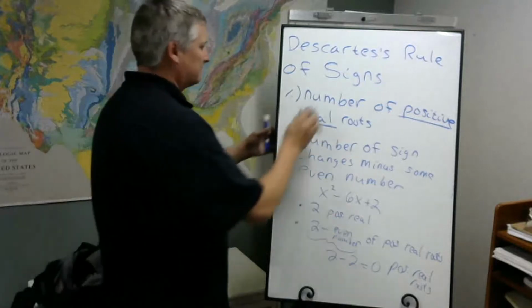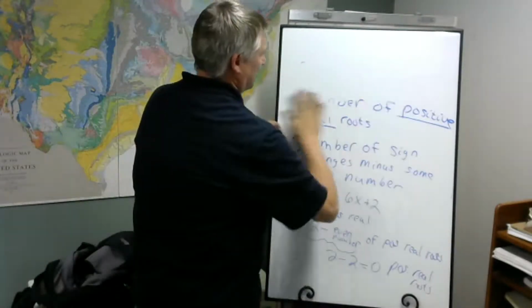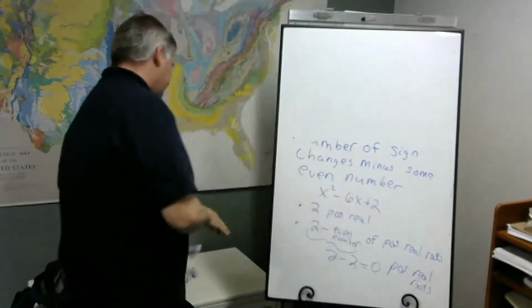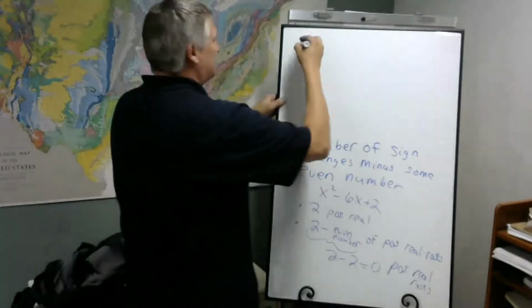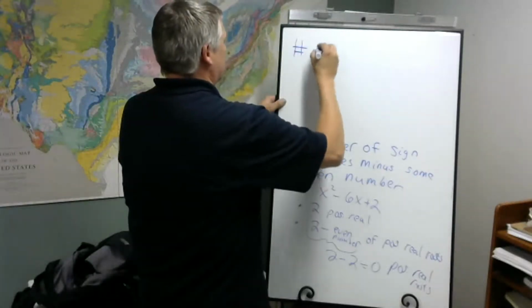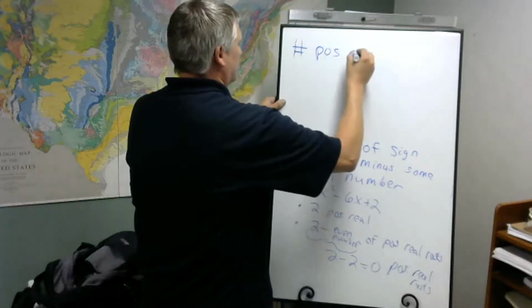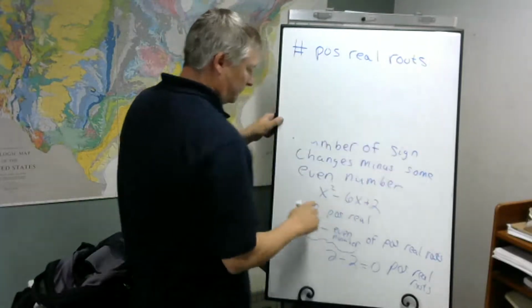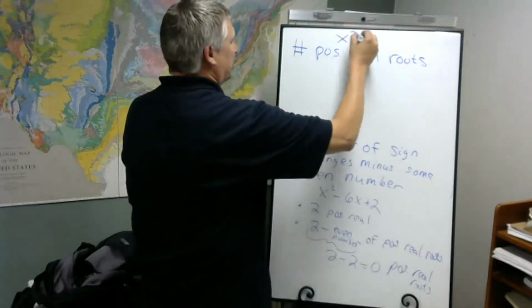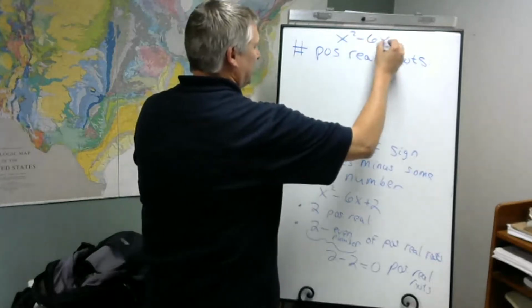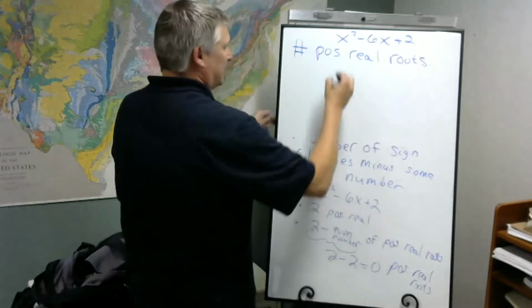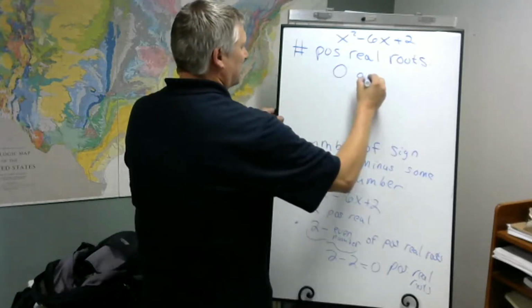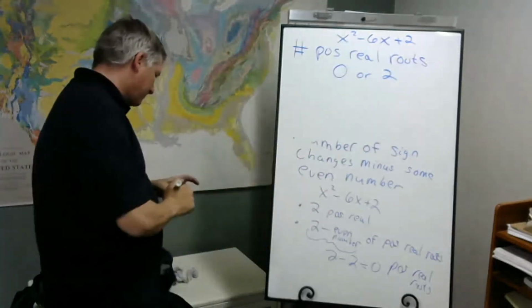So far, the number of positive real roots, well, for this polynomial, I'll put it up here so we don't forget. It could be 0 or 2.